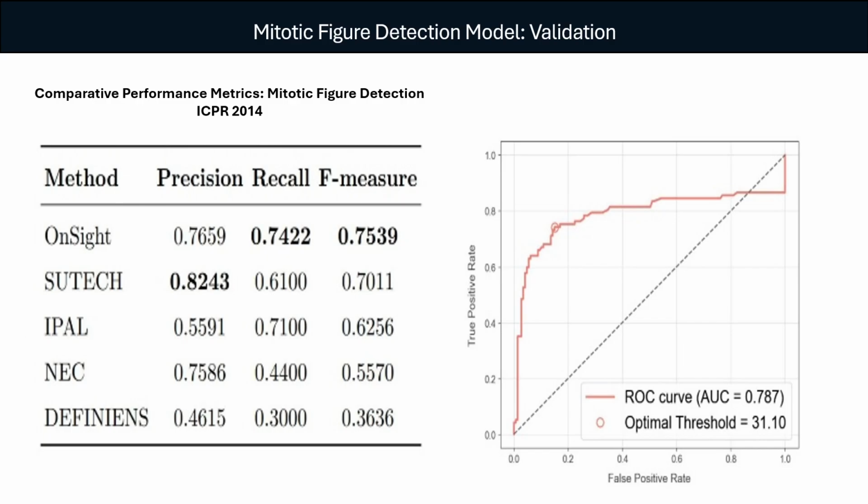And on the right hand side, we can also see the ROC curve, and we can see an area under the curve of approximately 0.8.